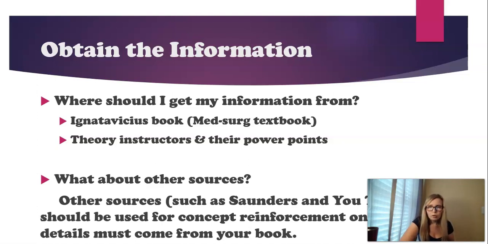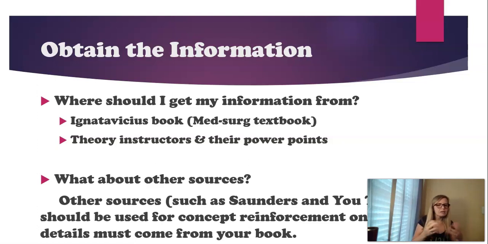Okay, what other sources? So Saunders or any NCLEX style practice question book. They usually have information in there that is related to the type of details about content that you would have on an NCLEX.